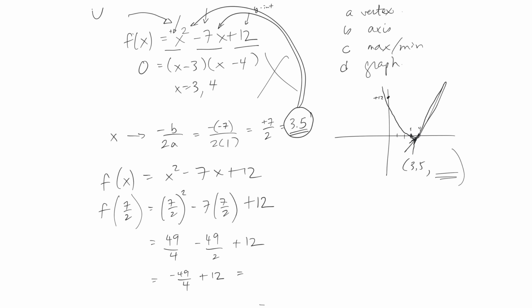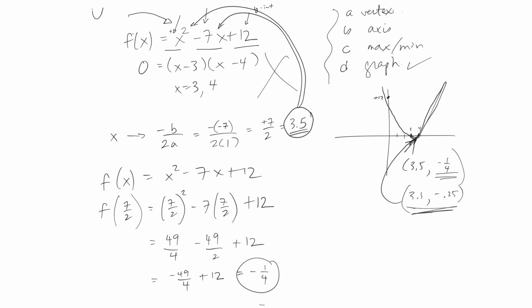So I think that comes out to negative a quarter. You could do that on your calculator, but I think it comes out to that. So this is negative 1/4, or 3.5 and negative 0.25. So that point right there where it comes down is this point here. And that gives me all the information I need to know for A, B, C, and D.